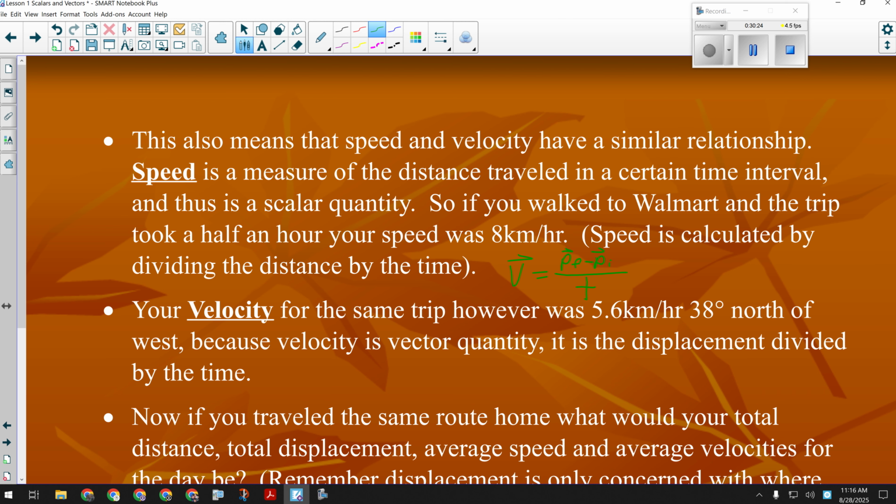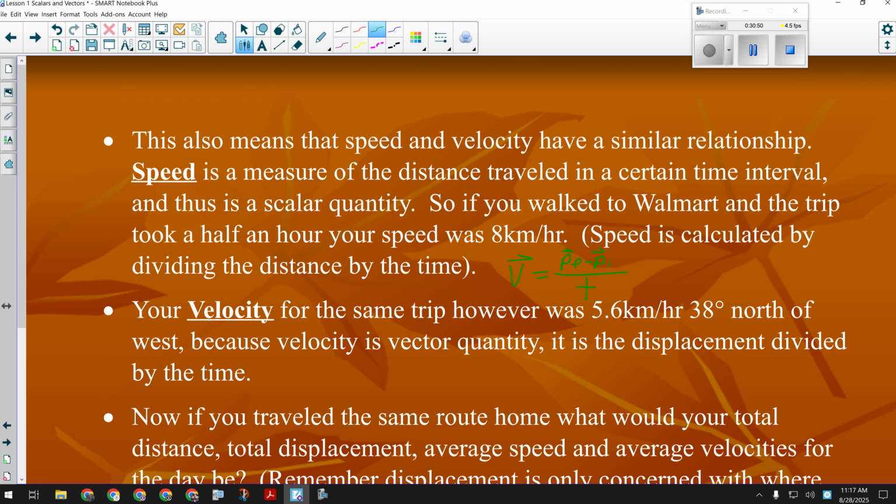It's not always going to be a subtraction operation. Sometimes I need to draw a straight line and get how long it is and what direction it's going to get my change in position. We're going to use that quite a bit, that idea of displacement being a change in position. So if I come back to the place I started from, I haven't changed my position.